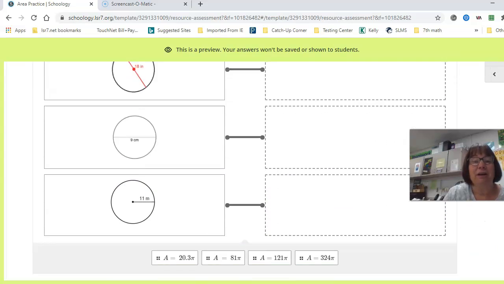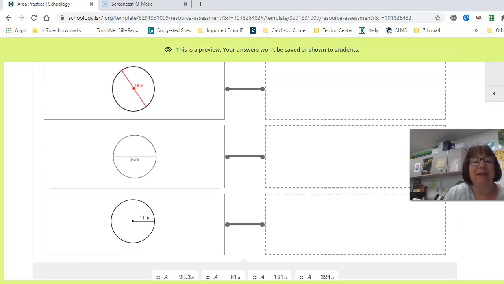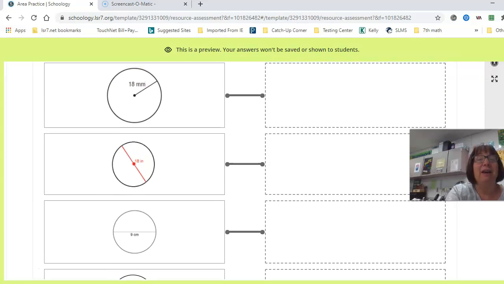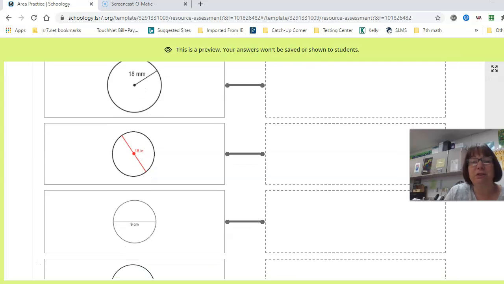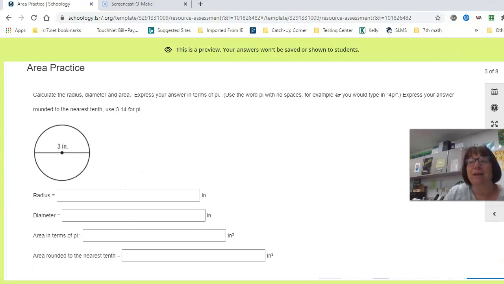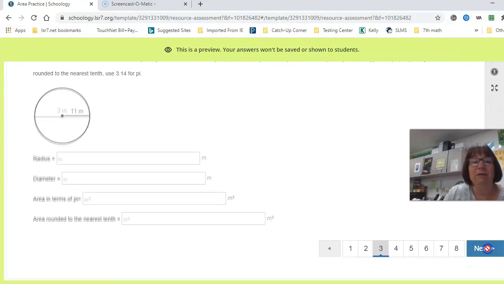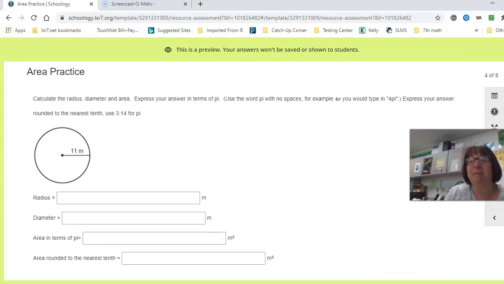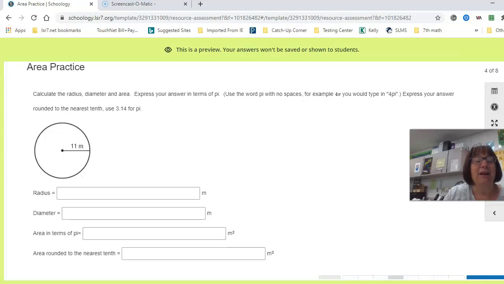You are given choices at the bottom. I suggest you find the area of each of these circles first, and then just match the answers into the correct box. Okay, and the next problem shows another diameter because it's going all the way across. So let's go on. Here's another problem. Same thing, we're going to calculate the radius, diameter, and area.